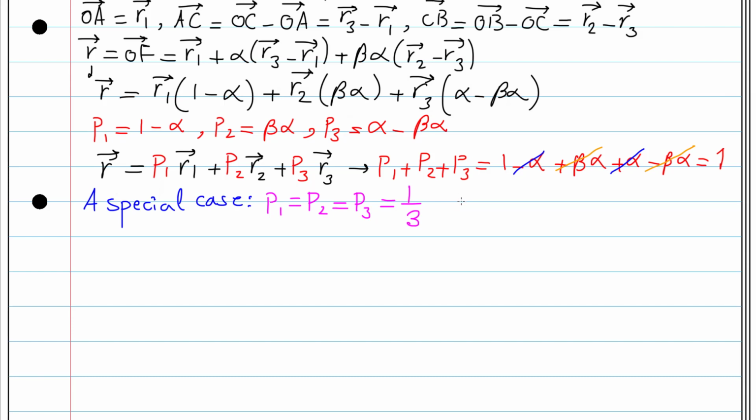In this case, the interior point is known as the geometric center or the centroid of the triangle, and its coordinate is given by RG equals 1/3 of R1 plus 1/3 of R2 plus 1/3 of R3. The centroid.